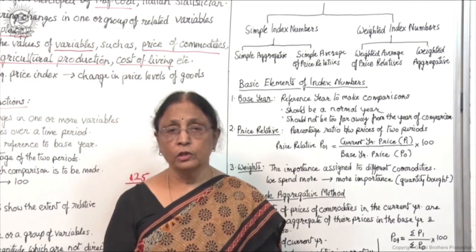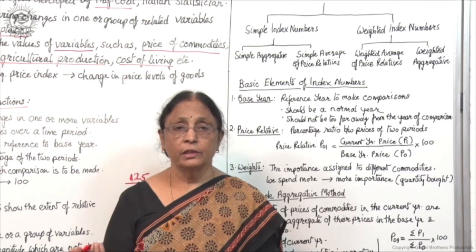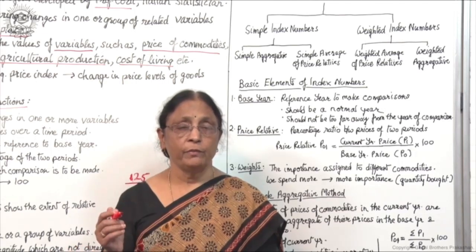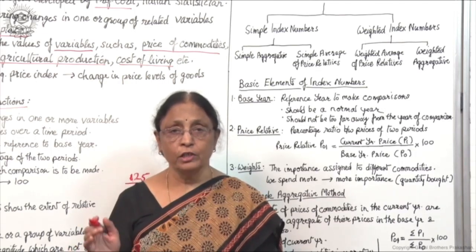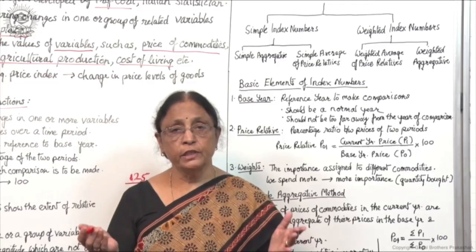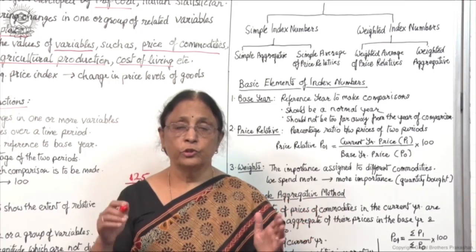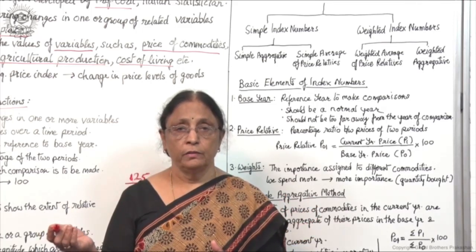No, because definitely prices have changed, but other changes have also taken place. The economy has grown so fast, so much development has taken place. So you cannot easily compare the prices of 1901 to 2015, right?